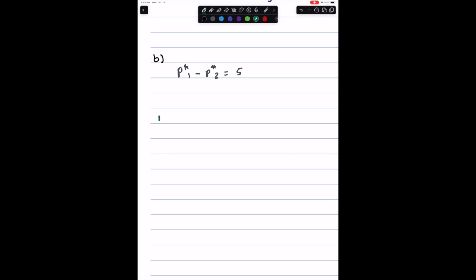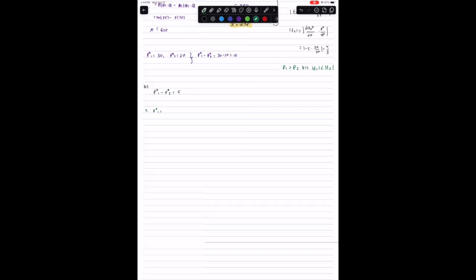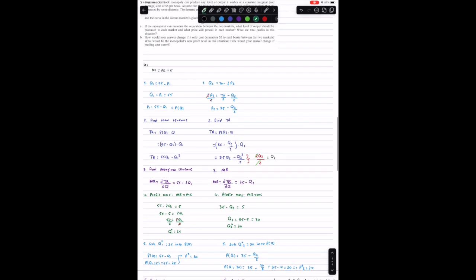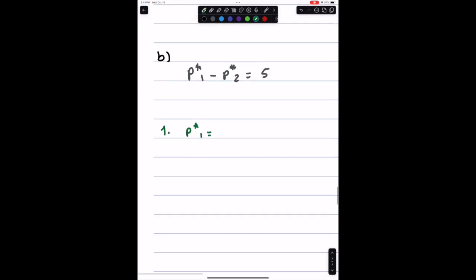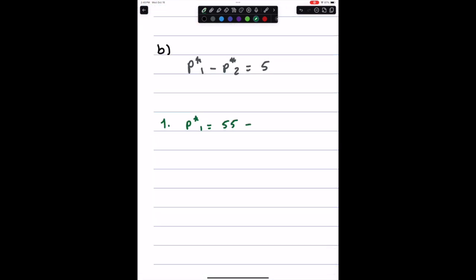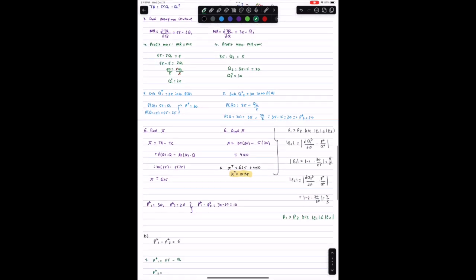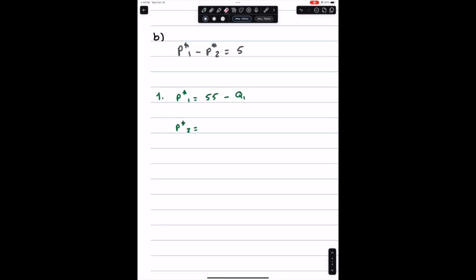Step number 1. We know that our P star 1 is equal to, we did this up here, 55 minus Q1. We know that our P star 2 was equal to 35 minus Q2 over 2.